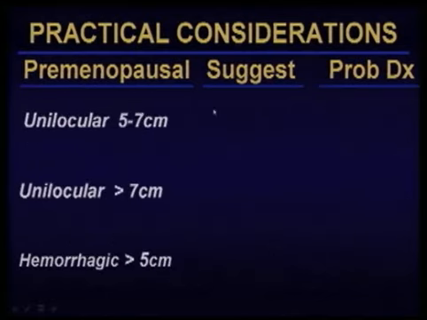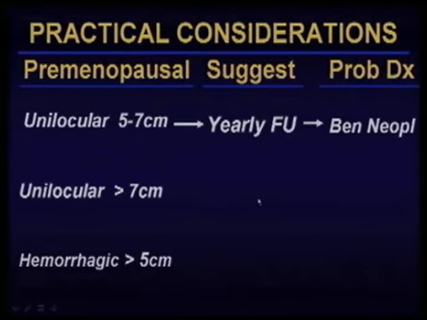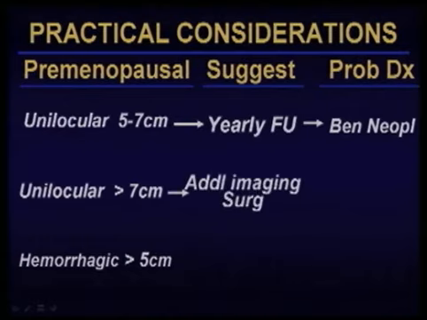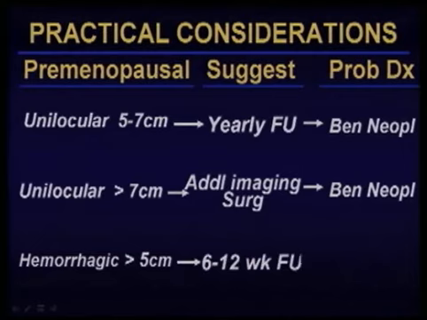Premenopausal cyst, still unilocular, getting larger. Probably do want to follow it up, make sure that it is not growing, and if it's growing, probably should come out because these will be neoplasms, but benign, those cystadenomas that we were discussing. Only when we get to be greater than 7 centimeters should we consider taking them out, according to the people who wrote the consensus statement.